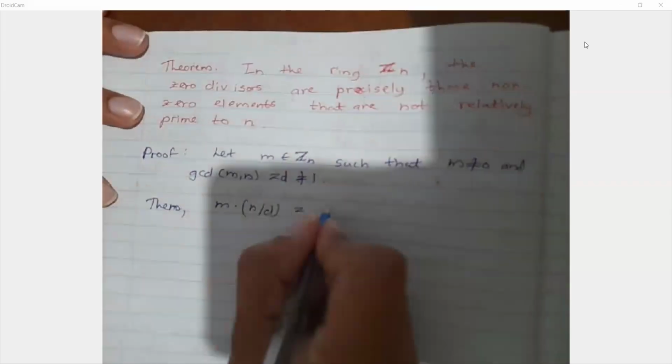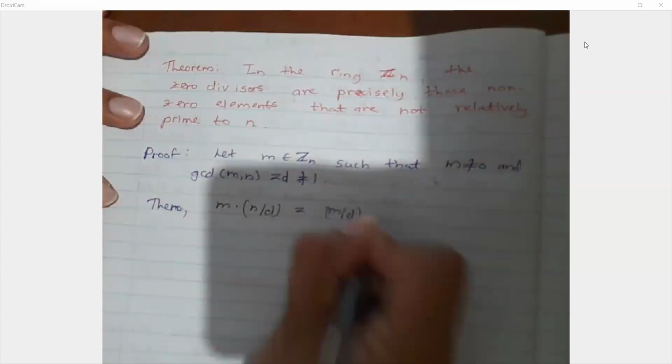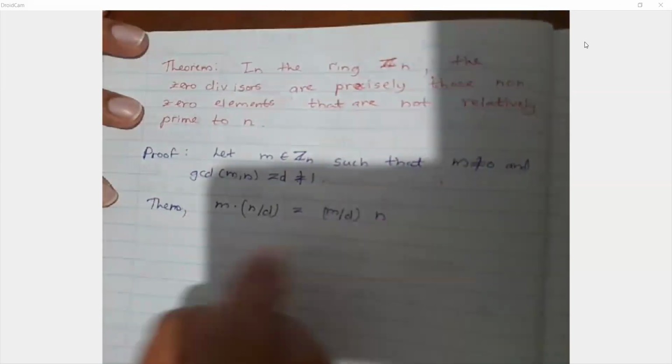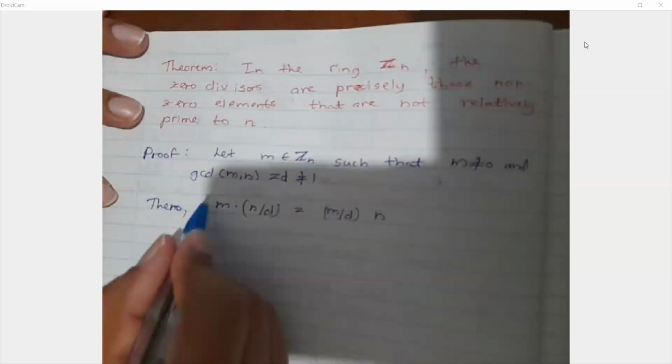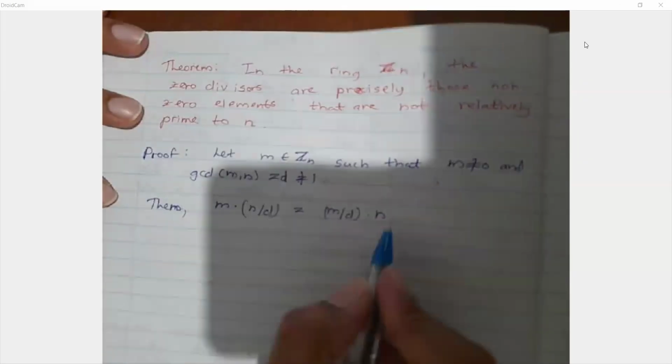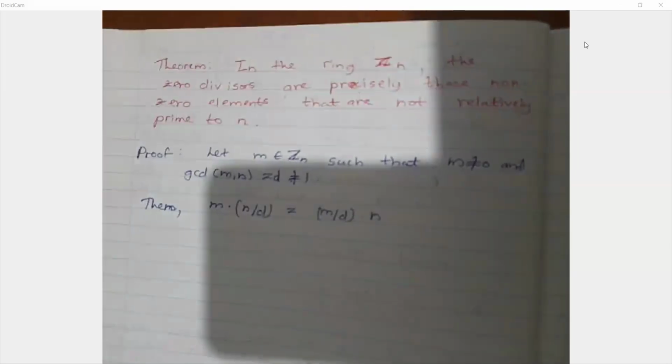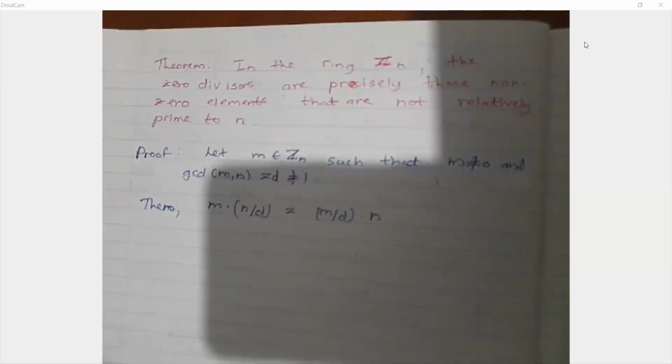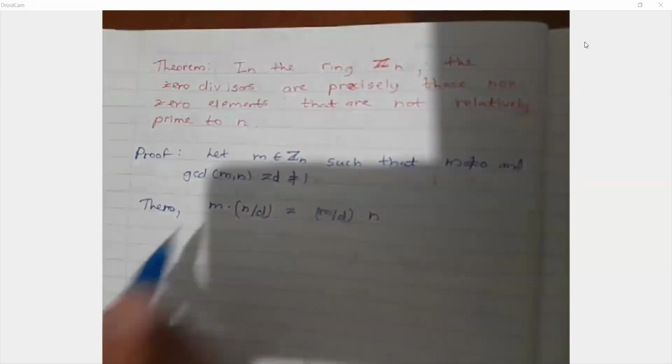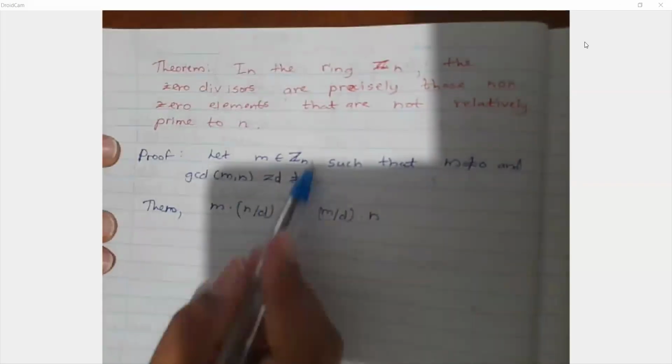You can rearrange it and write m over d times n. So the product of these two integers is a multiple of n. You have m and the integer n over d, both of which are elements of Zn. Why is that? M is already taken from this ring.